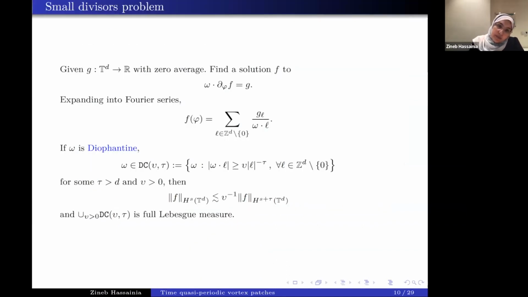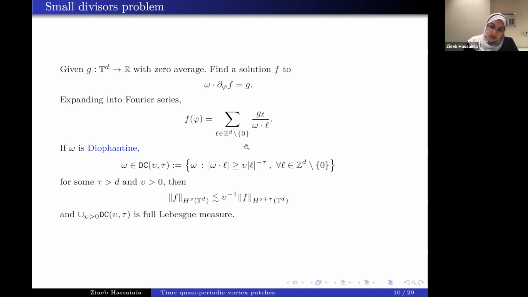For those who are not familiar with it, let me quickly explain the typical problem that appears in looking for quasi-periodic solutions, which is the small divisor problem. So given a function g, which is periodic in d variables, and with 0 average, we would like to find a function f which solves this equation. By expanding in Fourier series, we may express our function as an infinite series.